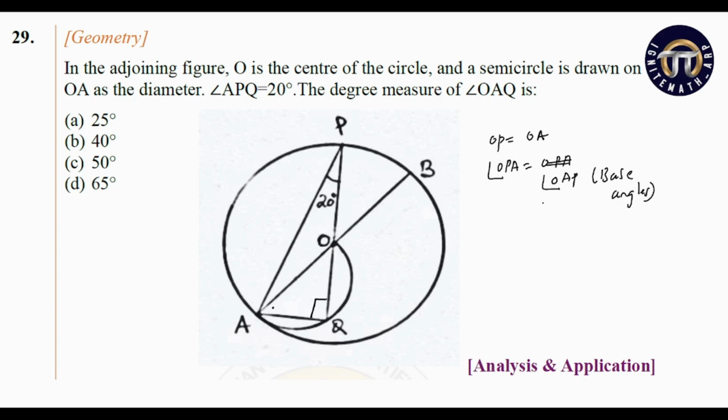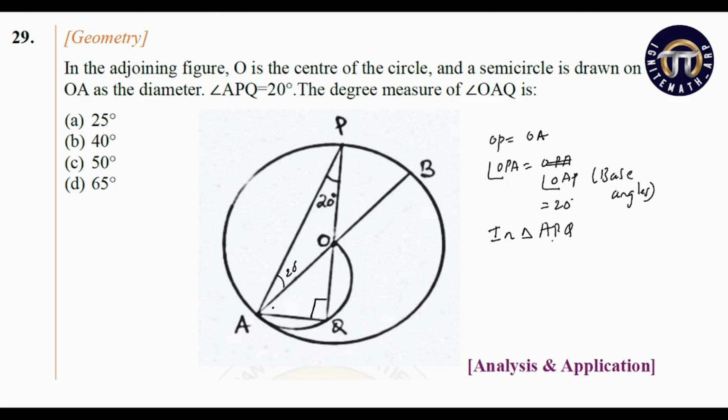So I can say OAP is also equal to 20 degree. This angle becomes 20 degree. Now in triangle APQ, since it is MCQ, this need not be written neatly, children. Directly you can start marking the angles in the figure itself with a pencil and arrive at the right answer. Just to make you understand, I am solving this one here.